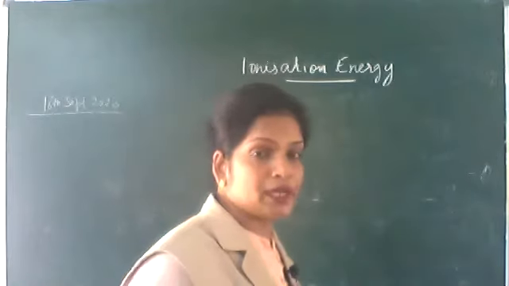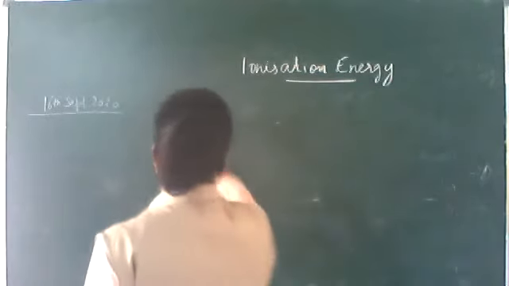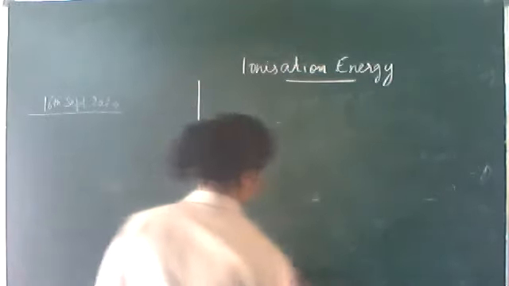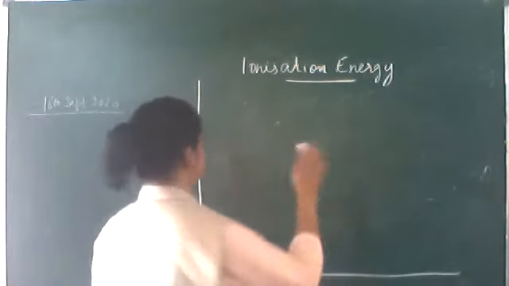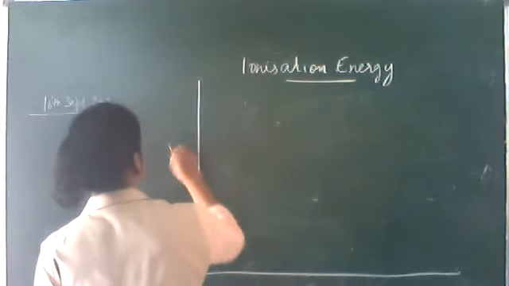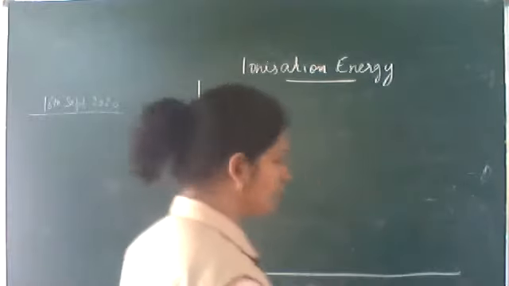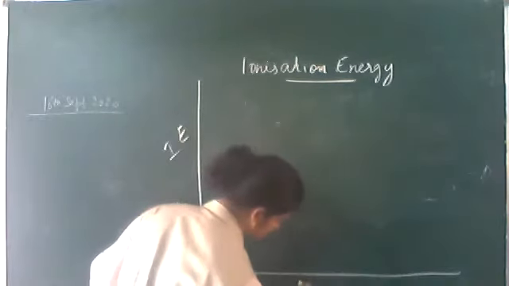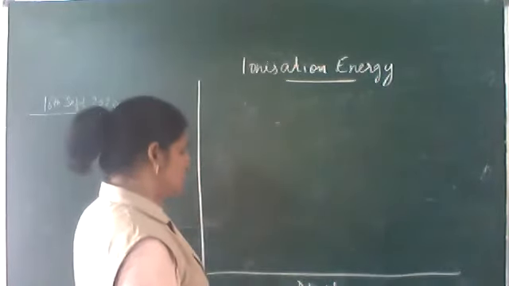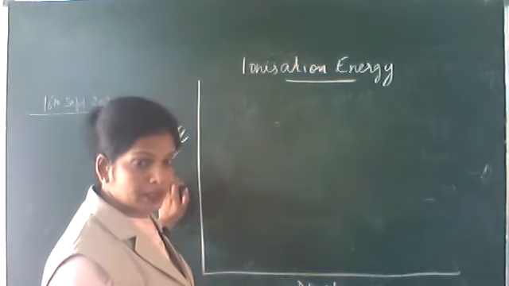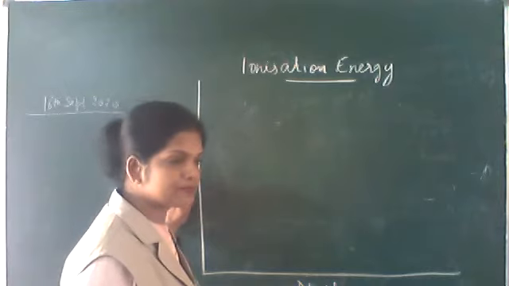So if you plot a graph between ionization enthalpy and atomic number, atomic number is increasing in that way, not atomic radius. So hydrogen, helium, lithium, beryllium, boron, carbon, like that, so many elements are there.